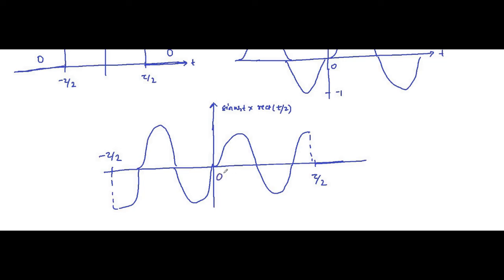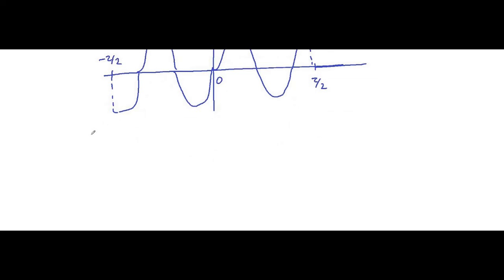So this is basically a sinusoidal signal restricted within the limits minus tau by 2 to tau by 2. First we'll determine the energy of this resultant signal.